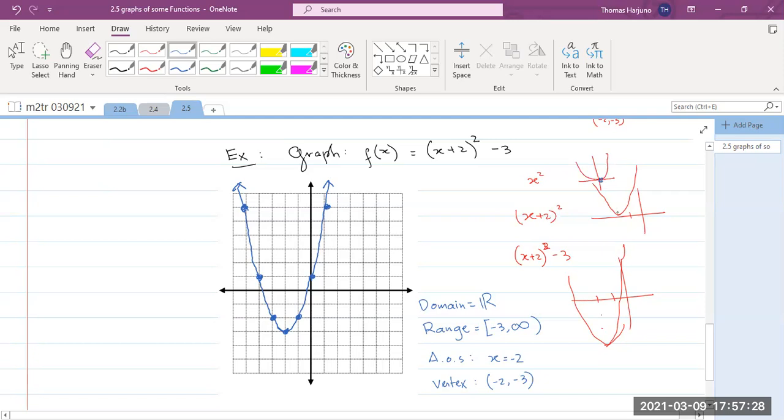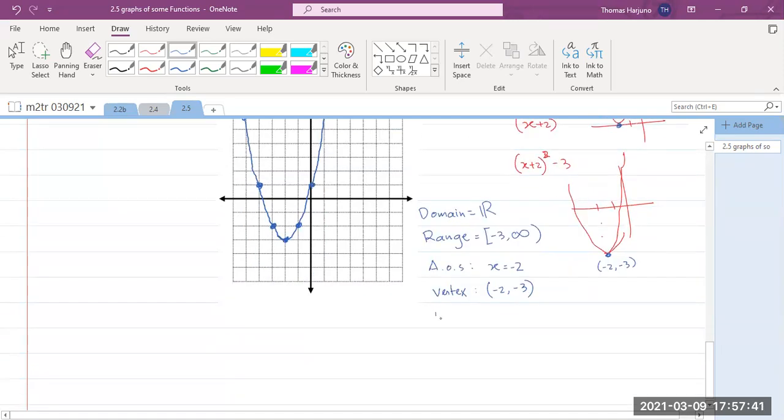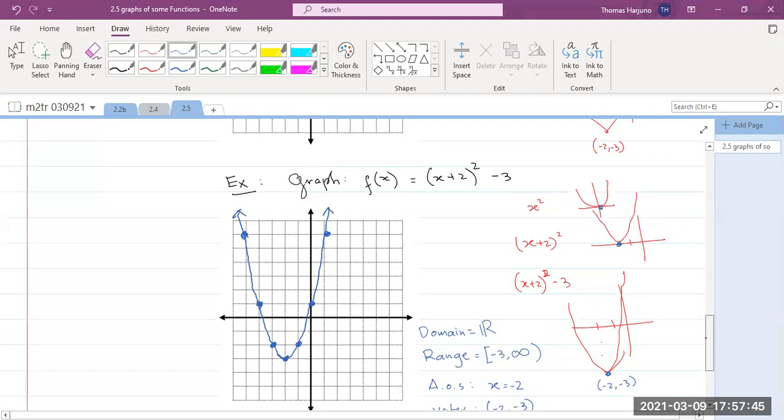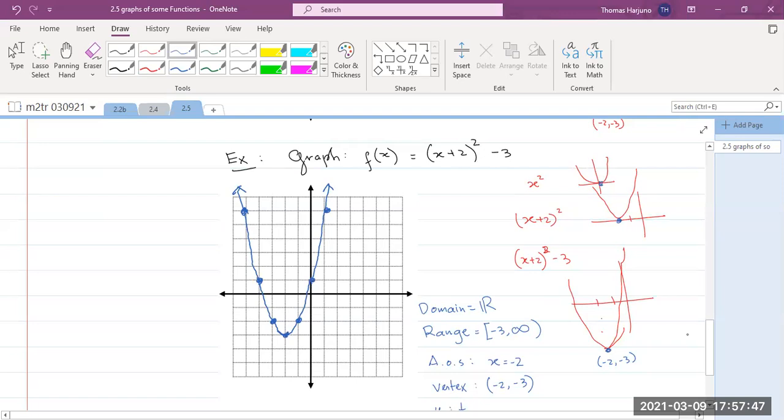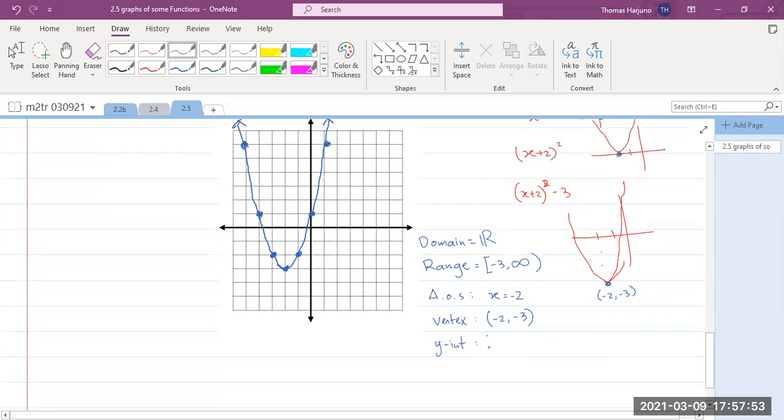Now you move it 2 units to the left, becomes -2, 0, and then you move it down 3 units, it becomes -2, -3. Okay. How about the y-intercept? Yeah, you plug in x equals 0, right? When x equals 0, you will get y is 1.